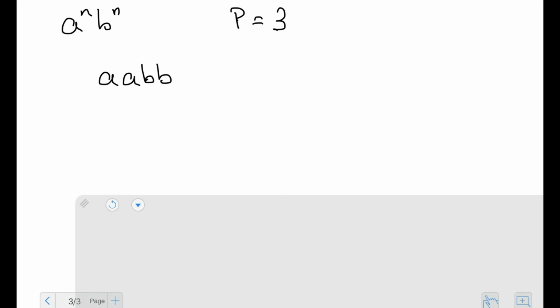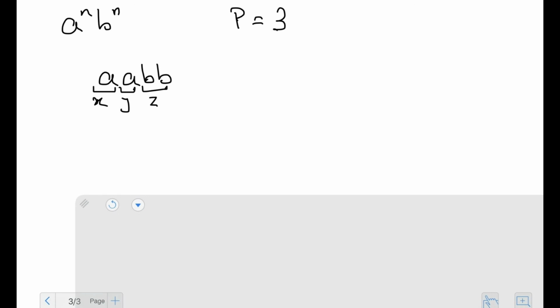Now I can have 3 conditions. One of them is I can take y to be in the A part, I can take y to be in the B part, or I could take y to be some part of A and some part of B. So let's take an example. So let's say this is my x, this is my y, and this is my z.